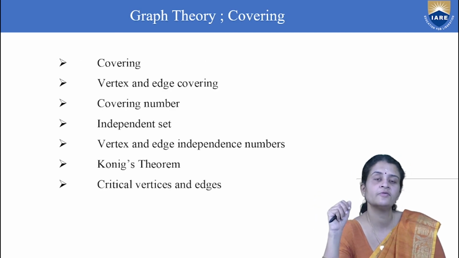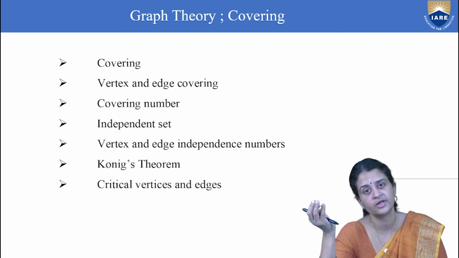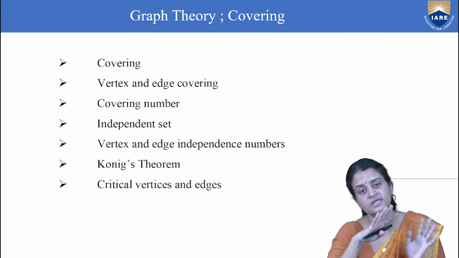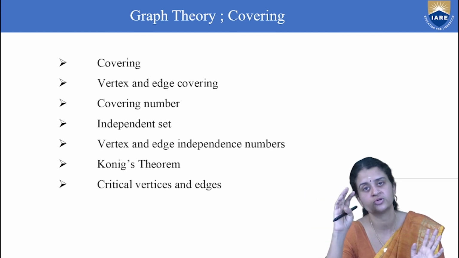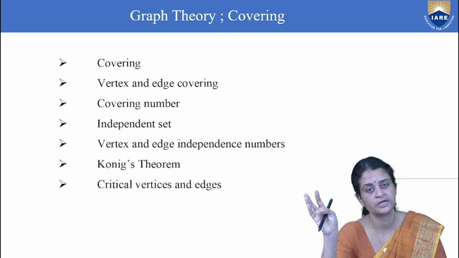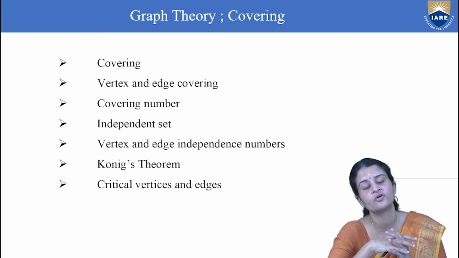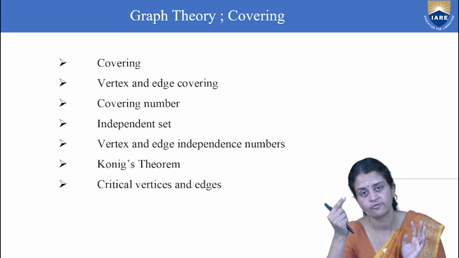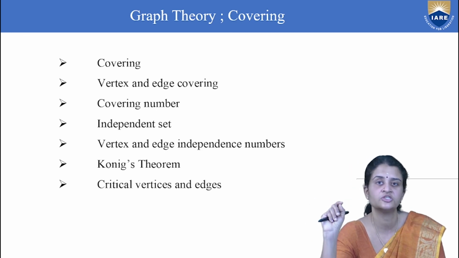So we have discussed what covering of a graph is. Covering simply means that it is incident with, that relation only. And what are vertex covering and edge covering? A set of vertices is said to cover a graph if every edge has at least one end in this set of vertices, and similarly edge covering.